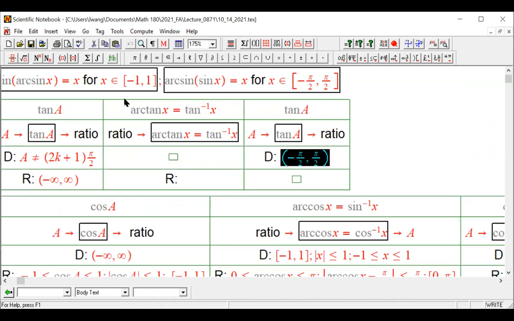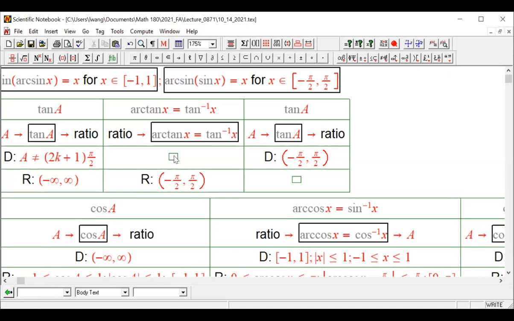And the domain for ArcTangent is all real numbers, and this range is also all real numbers. You follow me? But this last one is rarely mentioned, as always.